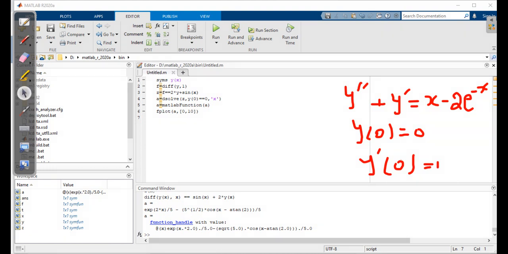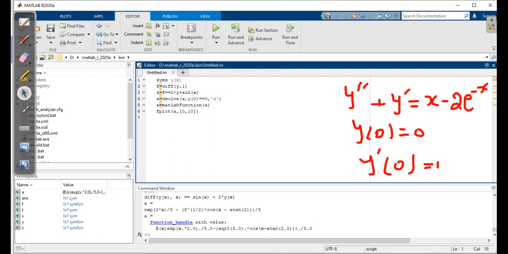So we already initialized a symbolic function. We have the first derivative. Now just take the second derivative of y with respect to x. So here we have to change the equation, which is second derivative plus first derivative minus f.